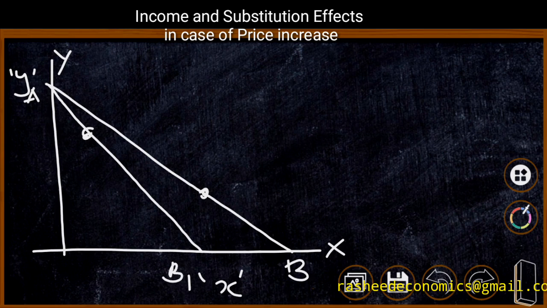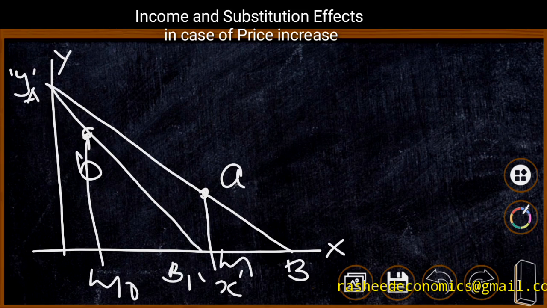Therefore the movement of the consumer from point A to point B is the price effect. That is, as a result of increase in price of the commodity, the demand has been decreased from OM to OM0. That means this decrease is happened due to increase in price, and this is termed as price effect.